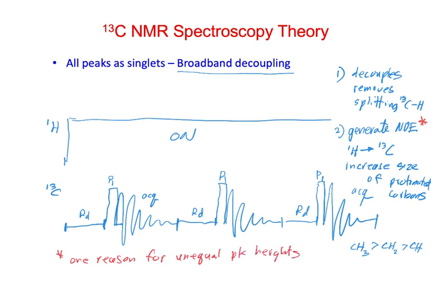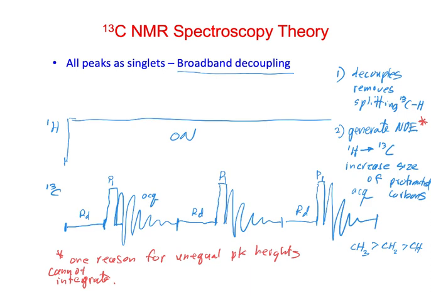We cannot integrate; peak heights cannot. The areas really would be more correct, but usually C13 peaks are pretty sharp, so the height is probably pretty representative of the area as well.